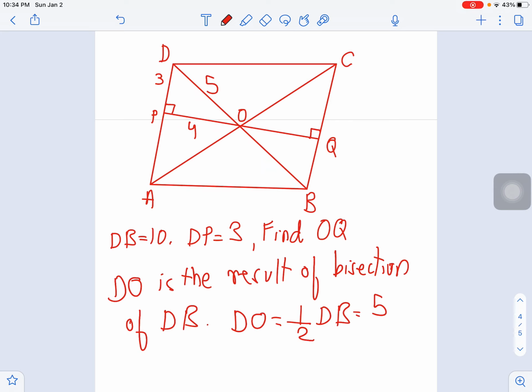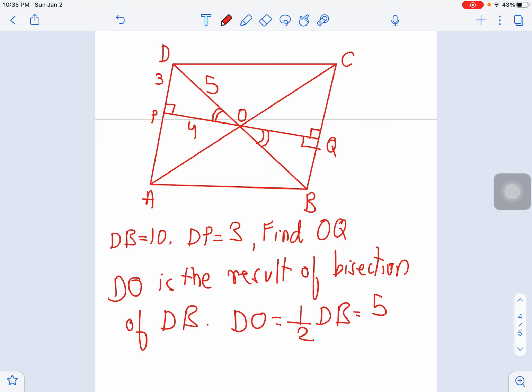Focus on triangle QOB. In triangle QOB, you have angle OQB, which is a right angle. You have angle QOB congruent to angle DOP, vertical angles theorem.